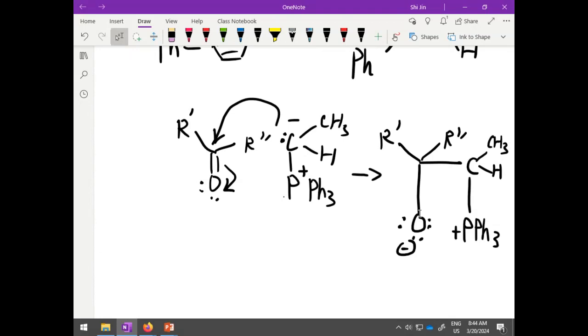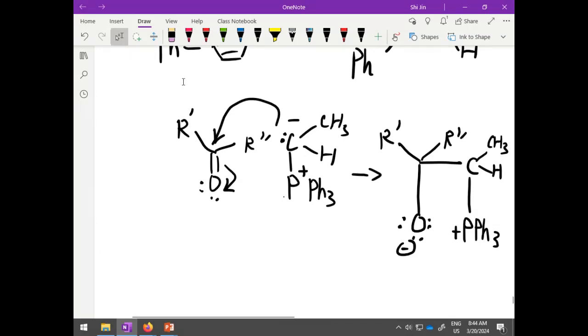Why so strong is out of what I would like to explain here, but it's 500-something kilojoule per mole. Just for comparison, a carbon-carbon single bond is only 300-something kilojoule per mole. Exceedingly strong bond, so it's a very large driving force for the phosphorus-oxygen bond to form.